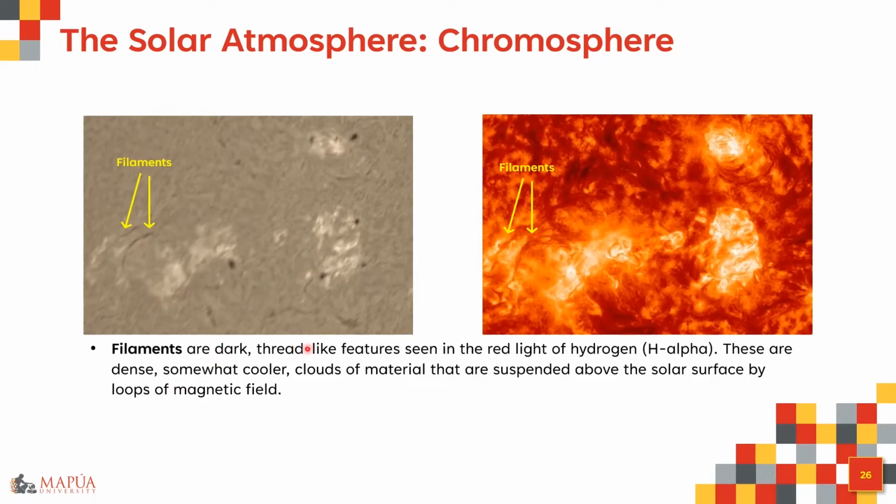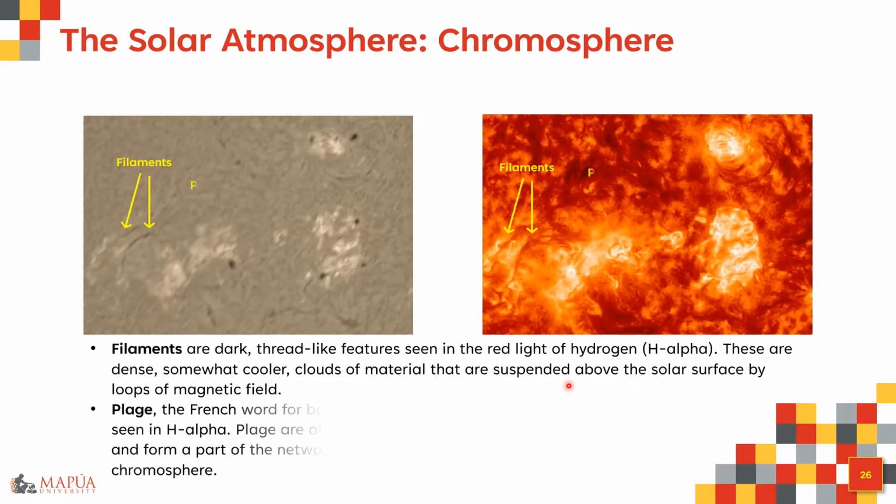So filaments are dark and thread-like features that can be seen in the red light of hydrogen alpha, and even in this region. Okay, these are dense but cooler clouds of material that are suspended above the solar surface by the loops of the magnetic field.